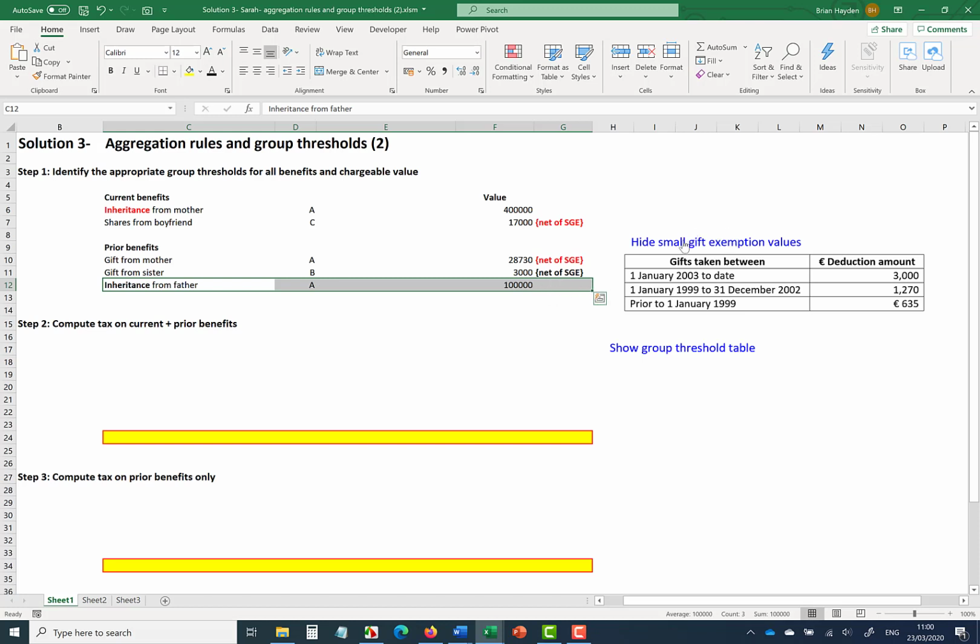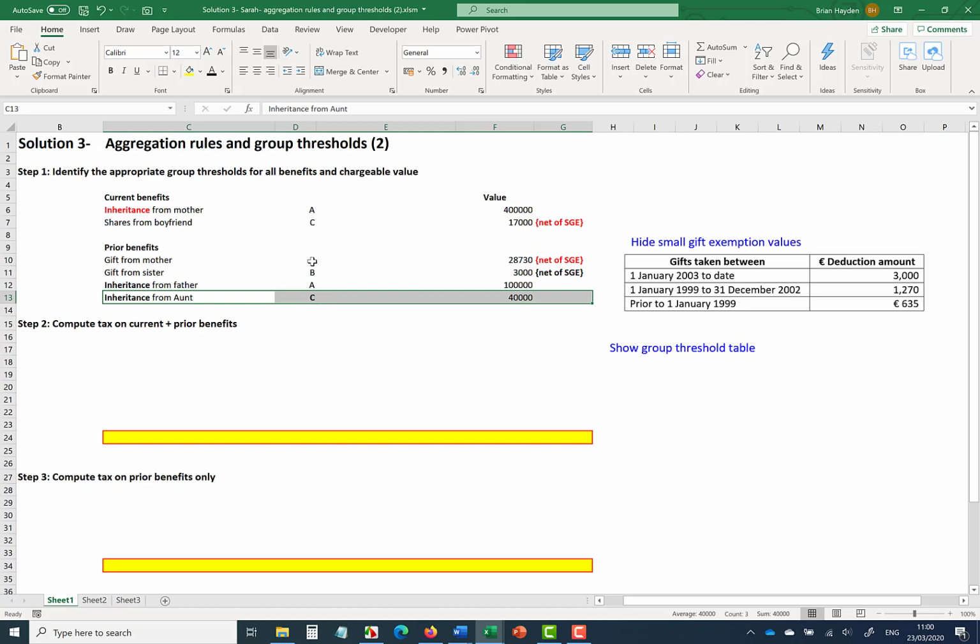Remember, the exemption is a small gift exemption, so it doesn't apply to inheritances. And the inheritance from the aunt, okay, the aunt, as was noted moments ago, is a Group C because she isn't actually a sibling, a brother or sister of either of her parents. So it's actually a stranger, even though there may be a sense that there's a close bond. It's actually deemed to be a relationship of a stranger.